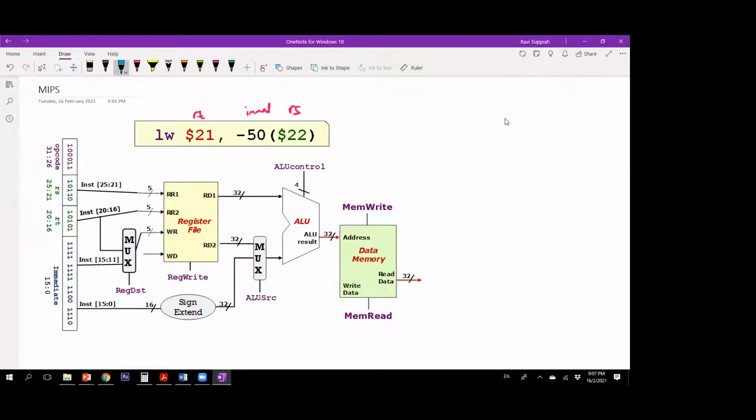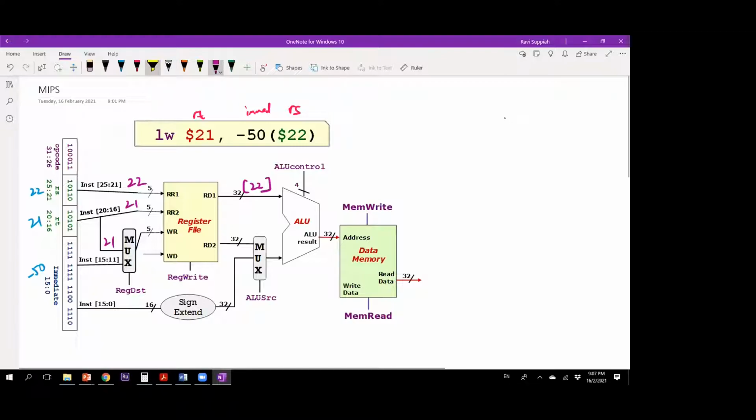This is your 22, this is 21, and this is -50. For load word, what will happen is you get 22 over here, 21, 21. And what comes out here is always the data in the register specified by the RR bits here.